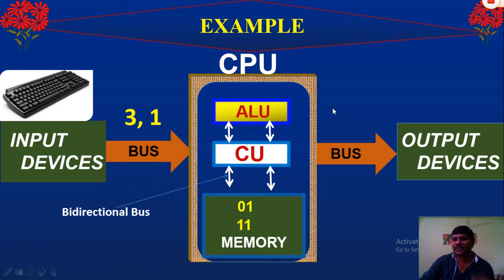The entire operation of the CPU I can explain using one example. Here is the input device. What do you mean by input device? It gives information to the CPU.